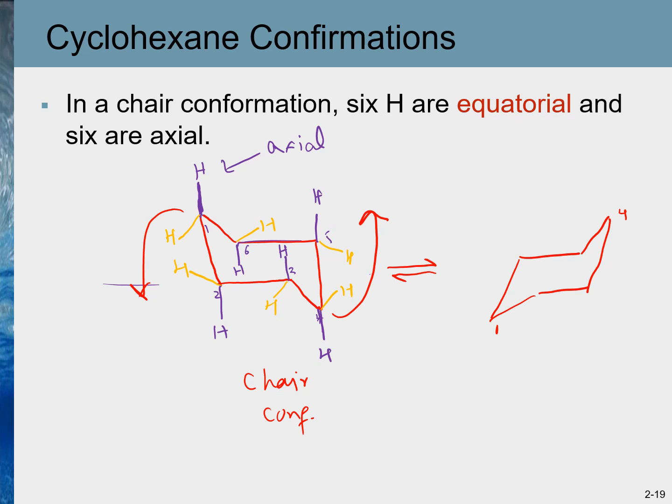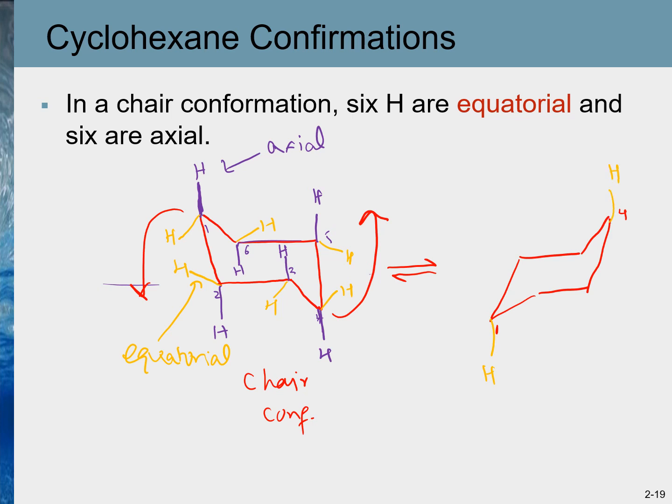One thing to remember is that when the chair flips, the positions which were axial on one side will now become equatorial in the other chair. So we'll see that the purple hydrogens were axial on the left hand side. Now the purple hydrogens will become equatorial. Instead, the yellow ones will now be axial hydrogens.